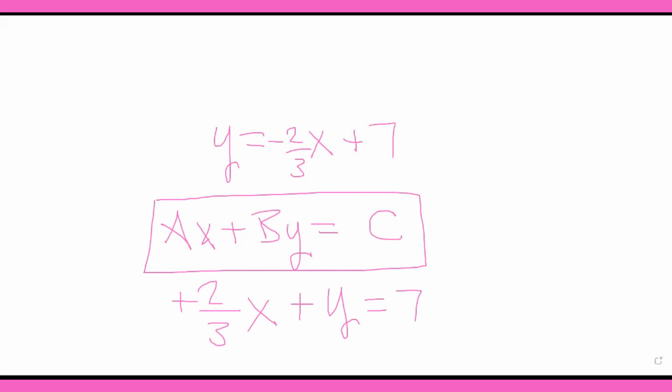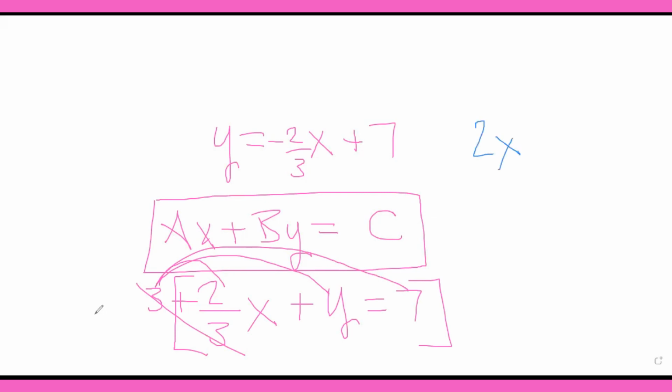To get rid of that fraction, I could multiply the entire equation, both sides, by 3. That way I would get rid of this fraction. But remember, we have to distribute and make sure it gets to everybody. So that would give me a final answer of 2x, because my 3's cancel out. Then when I multiply the y, that would be a plus 3y.